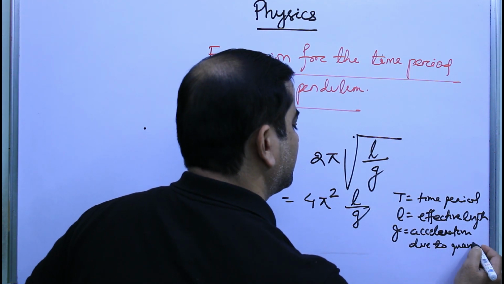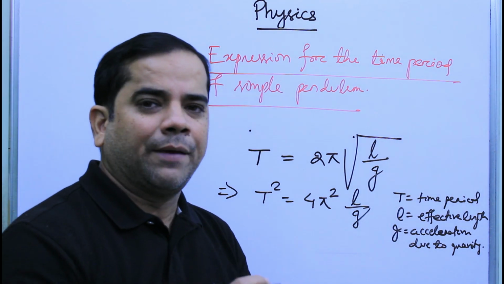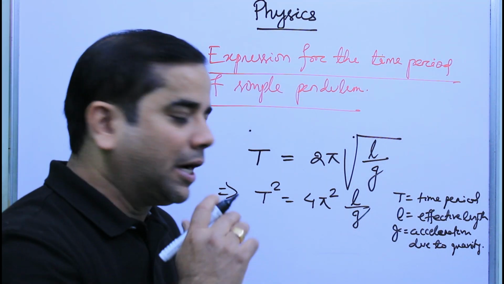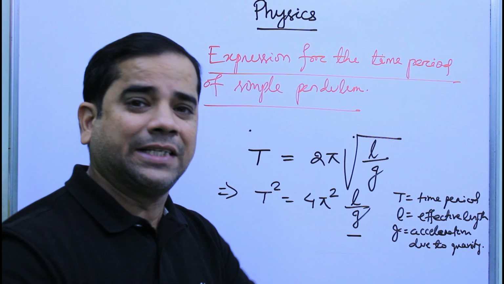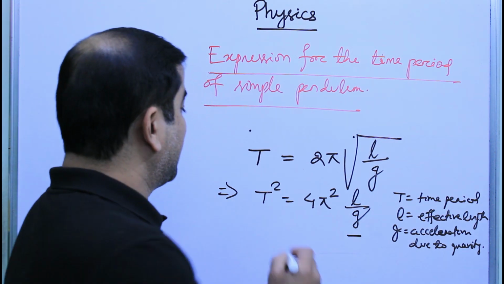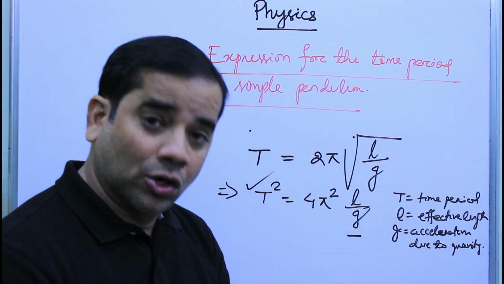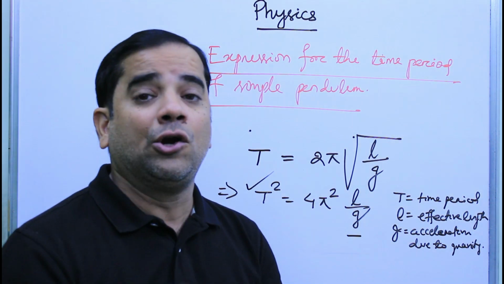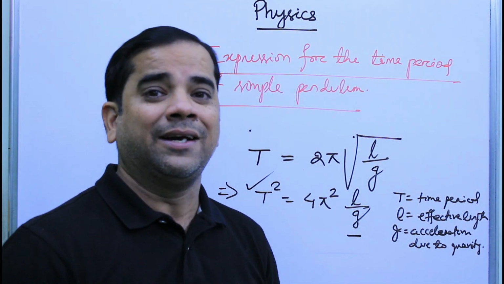So, for a given length of pendulum, the acceleration due to gravity at a certain place is constant. That's why at that place the time period is also constant. That is the reason why a pendulum can be used to measure time.